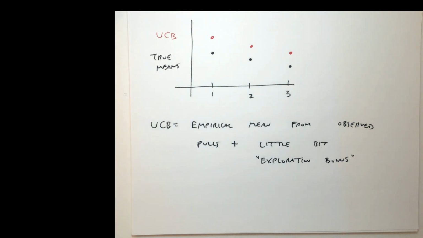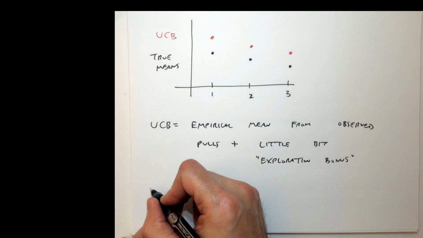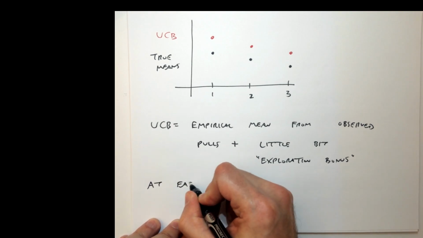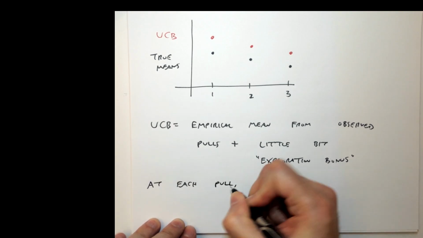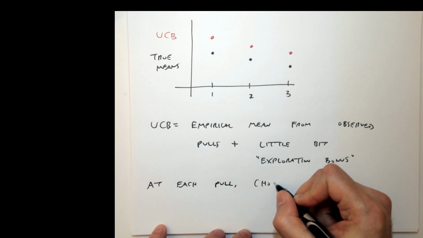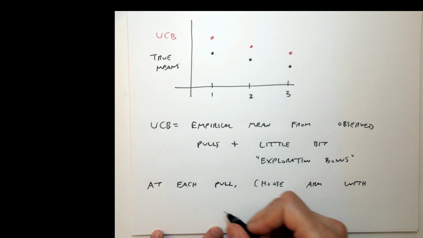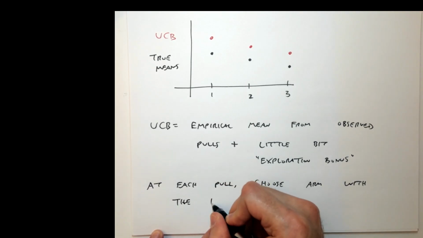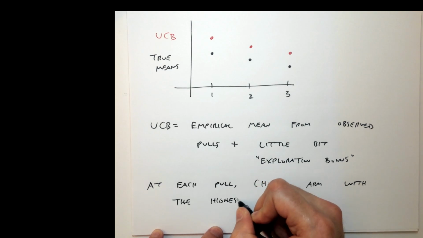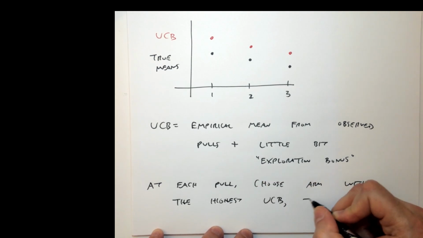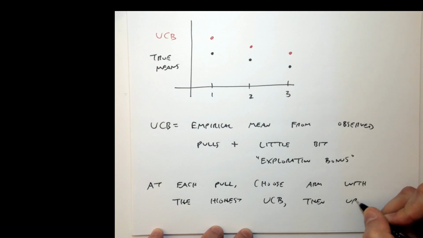And so the algorithm is basically similar to the previous one, except all I do is that at each pull, I choose the arm with the highest UCB and then I update my bounds.